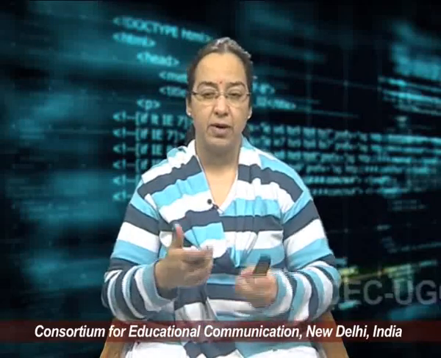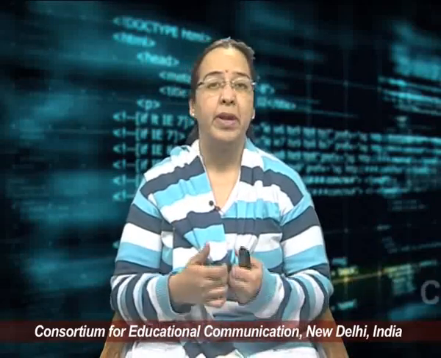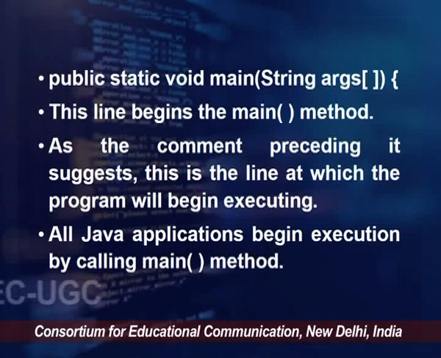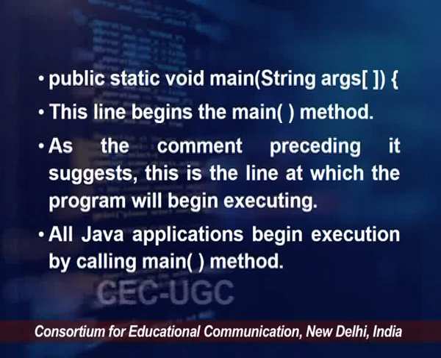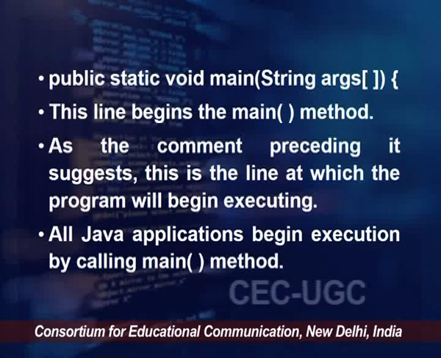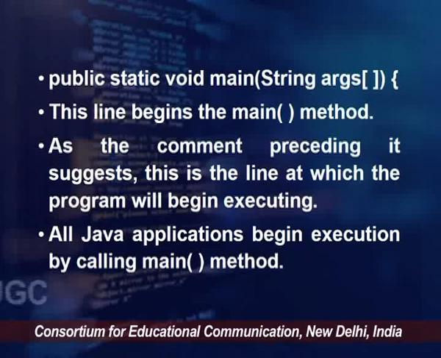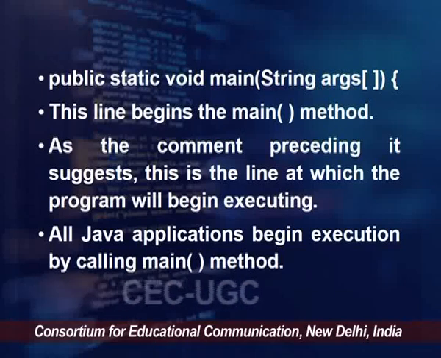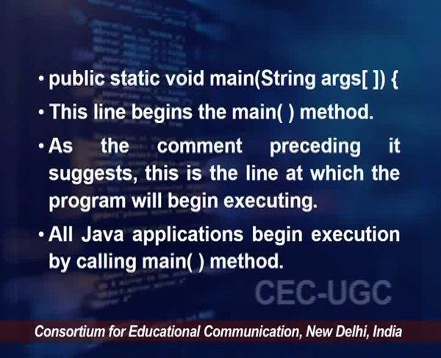So first of all I am going to take the line public static void main String args. This is a line which marks the definition of the main method. And the main method, as you all are aware, is the method where your program is going to begin its execution.